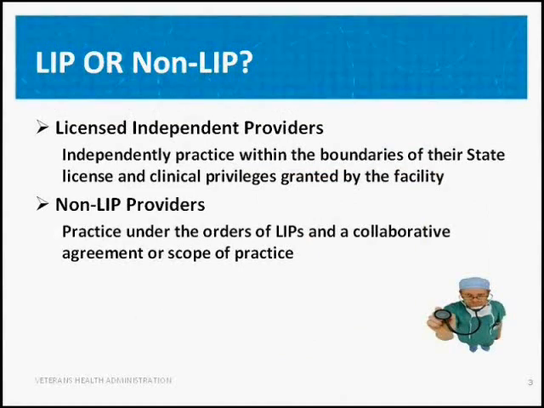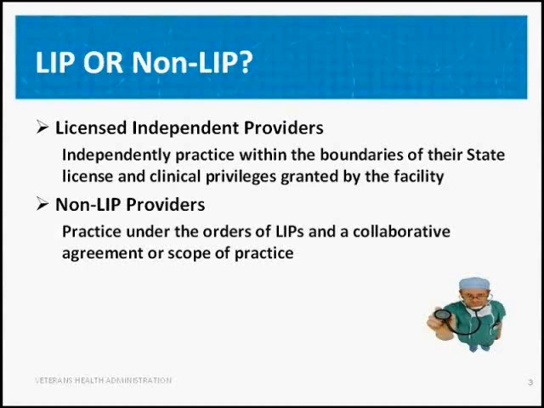In credentialing, we divide our processes into two basic processes based on the Joint Commission standards. Those providers that practice independently are called licensed independent providers, or you may be familiar with the acronym LIPs. This category includes physicians and dentists and any other healthcare providers who are granted clinical privileges.